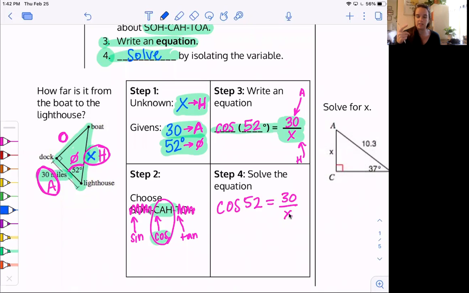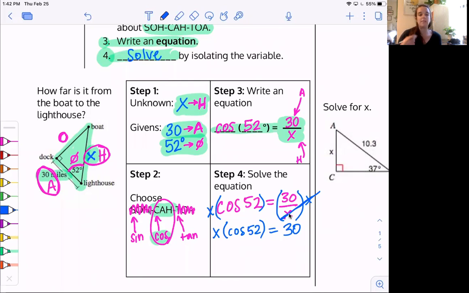Multiply. Yeah. So I'm going to multiply by X. And what I do on one side, I have to do on the other. So I'm going to have X times cosine 52 equals X divided by X is 1, so it cancels, equals 30.